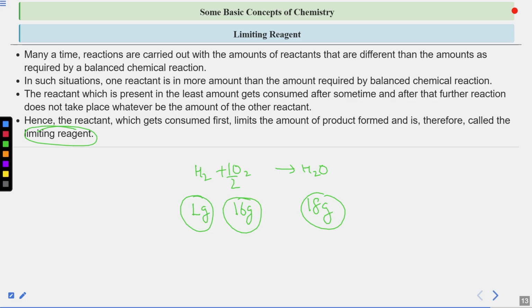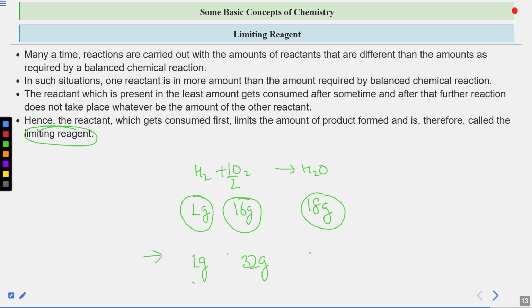So moles is already given. But suppose in our actual case, we have 1 gram of hydrogen. Okay. But we have what? We have 32 grams of oxygen and the product is not formed. But after the reaction, what will happen? If the reaction is completed, this 1 gram will react with 16 gram, but there will be a resultant O2 that will be left in your mixture.